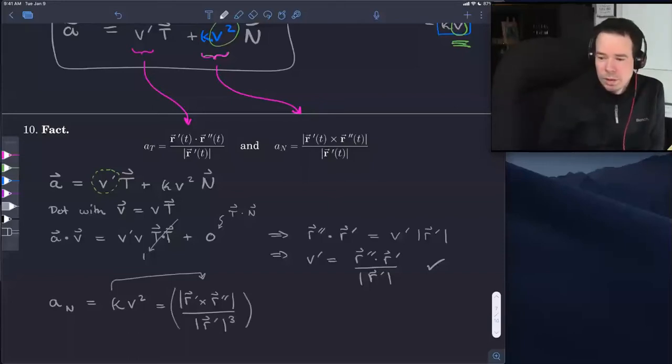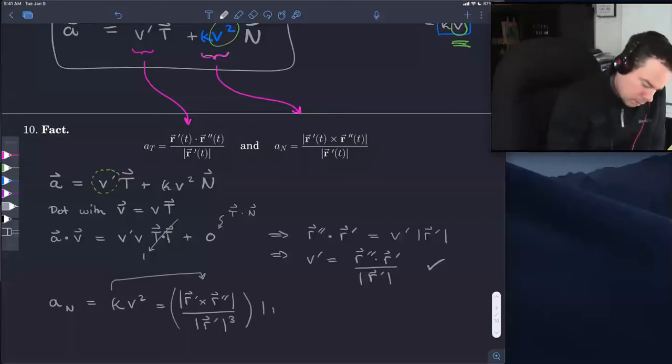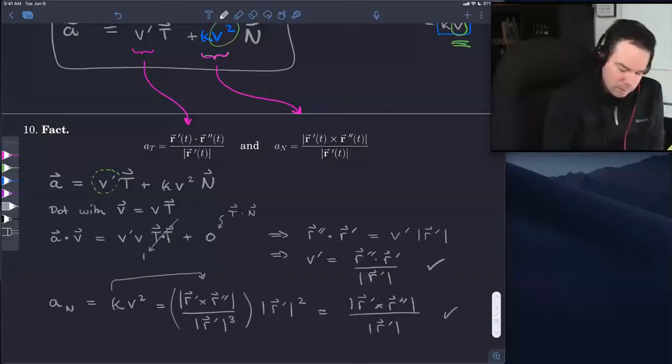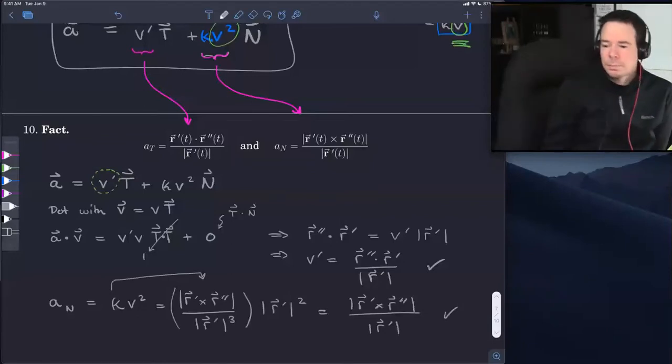But then we're multiplying by v squared, which is just the magnitude of r prime all squared. And so we get those squared, the two magnitudes of r prime canceling with two of them on the bottom. And so we get the magnitude of r prime cross r double prime all over the magnitude of r prime. And that's the other formula we needed to establish.